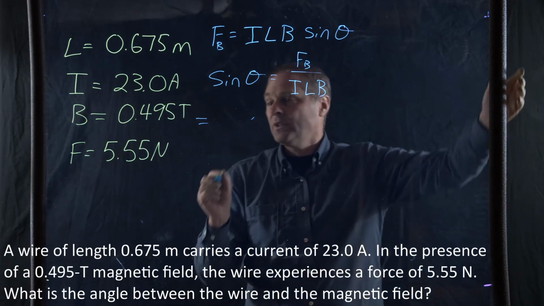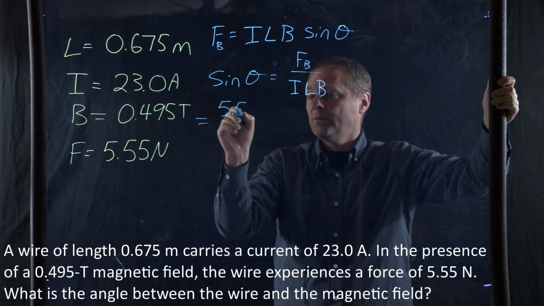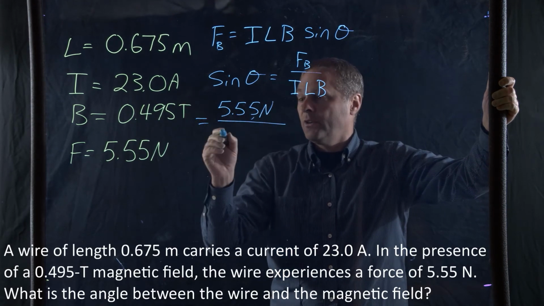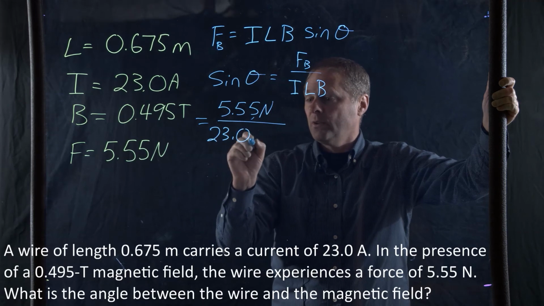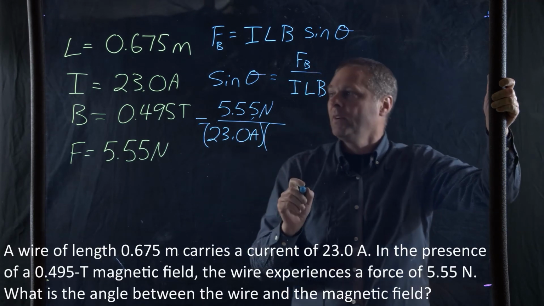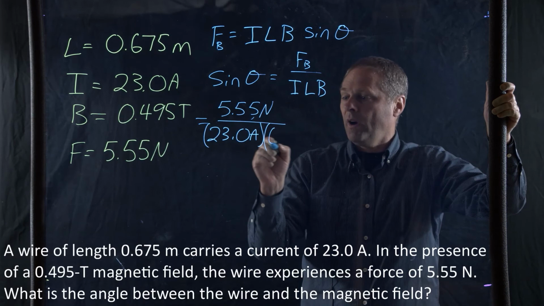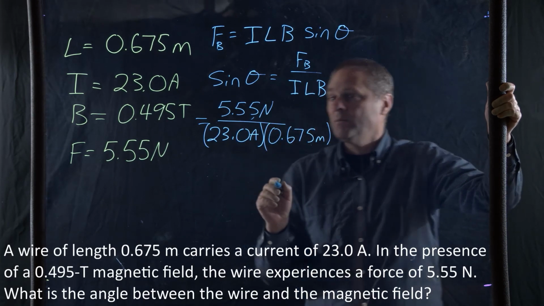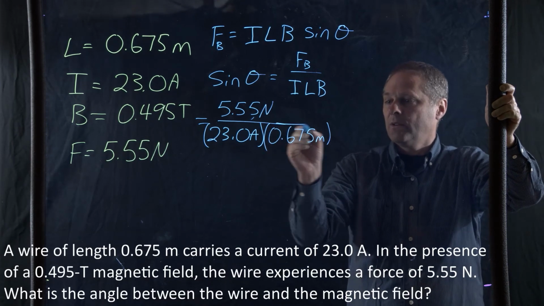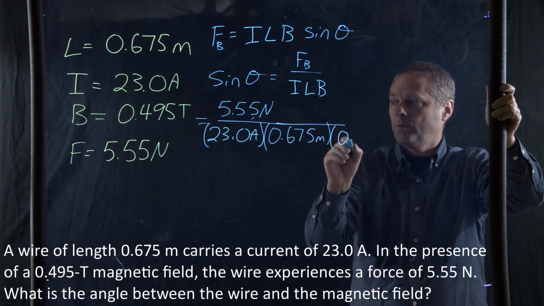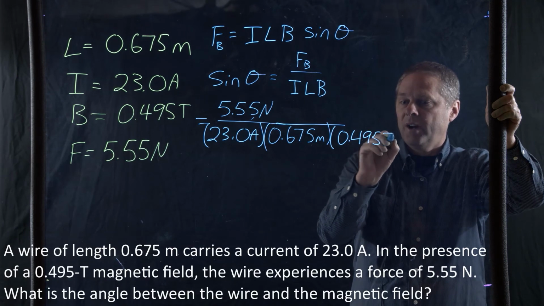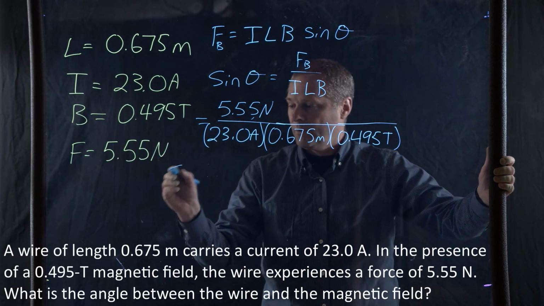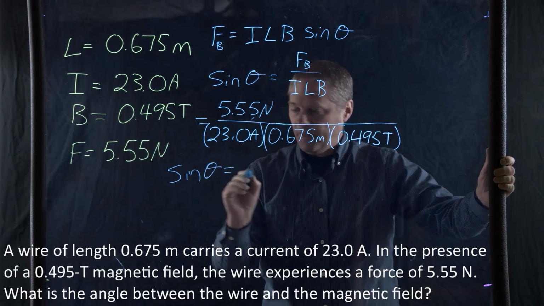And so this is going to be equal to 5.55 newtons divided by the current, which is 23.0 amperes, times the length of the wire, which is 0.675 meters, times the B field, or the magnetic field, which is 0.495 Tesla.